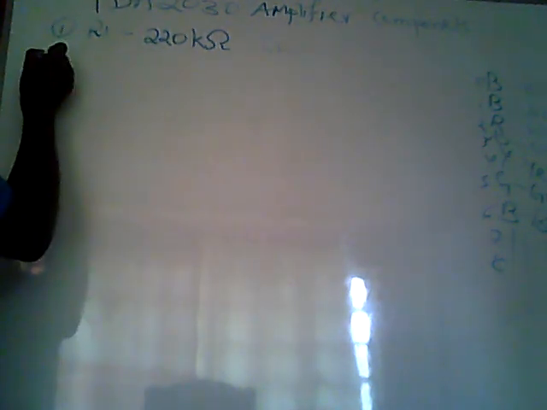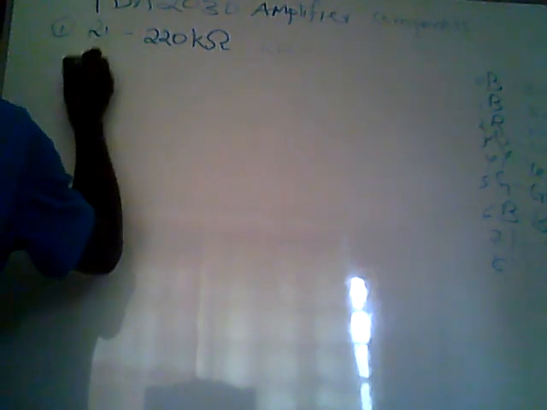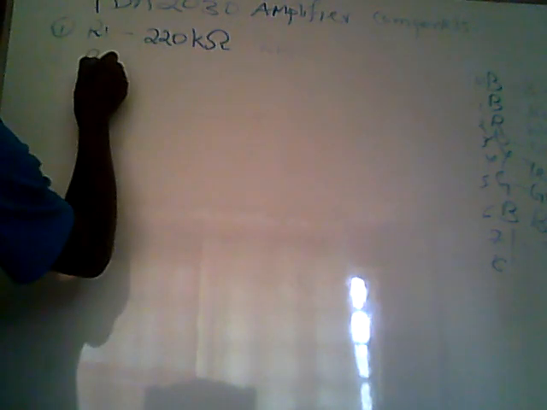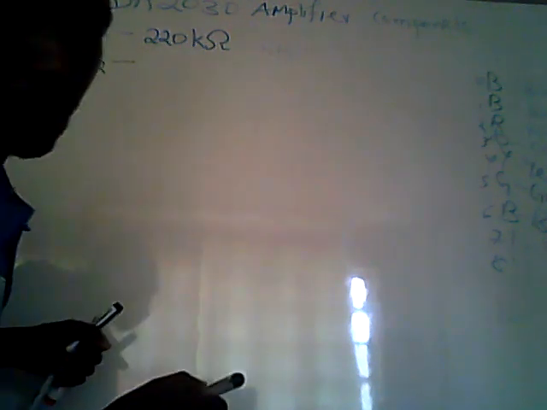Number 2, resistor number 2 is 2.2k. Second resistor is 2.2 kilo ohm.